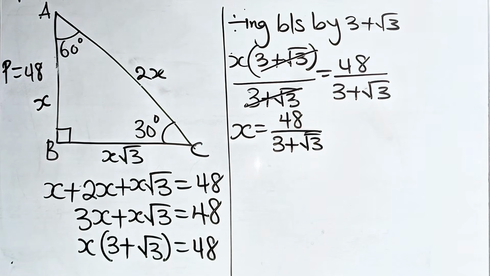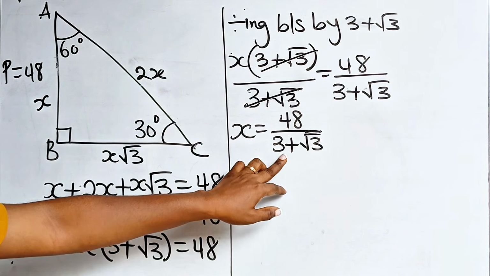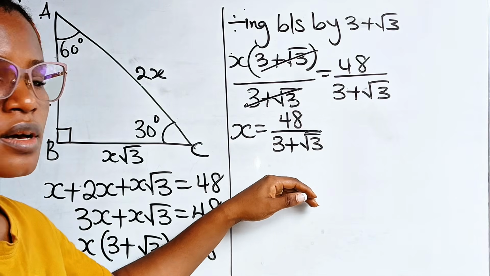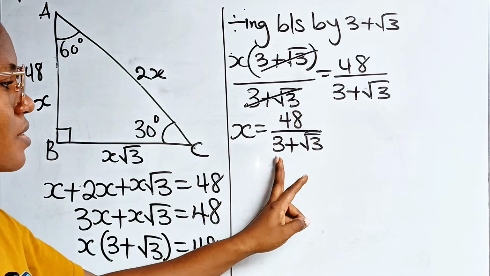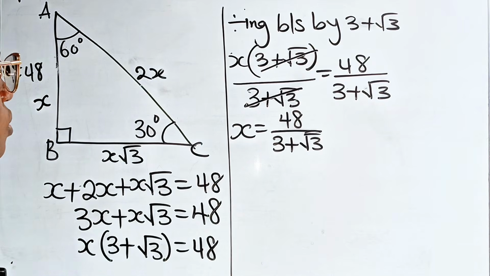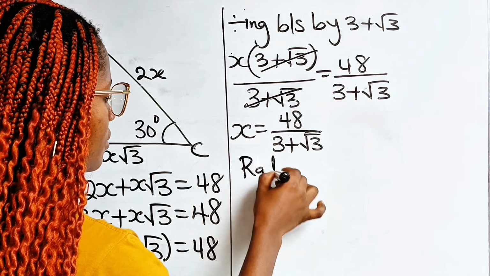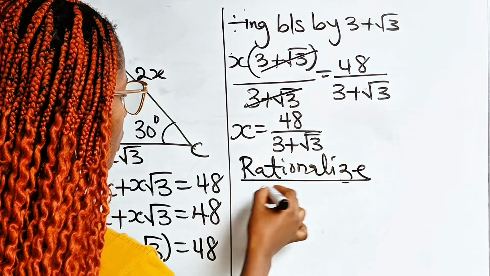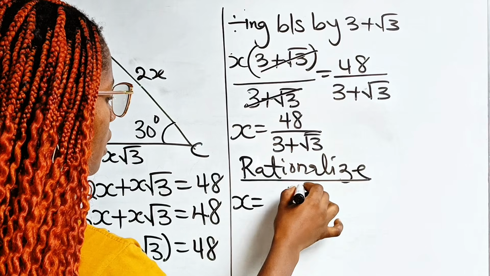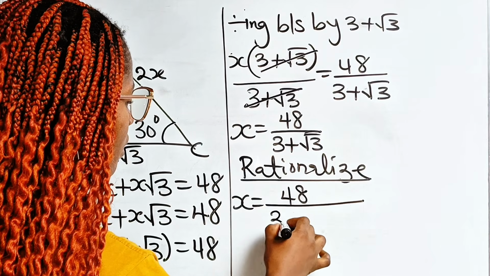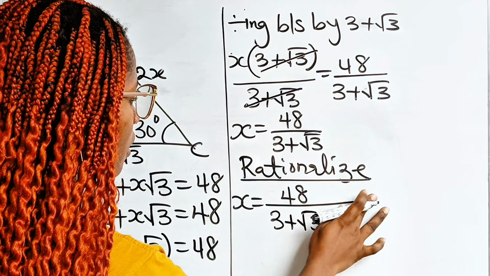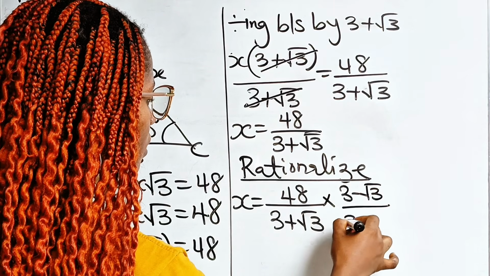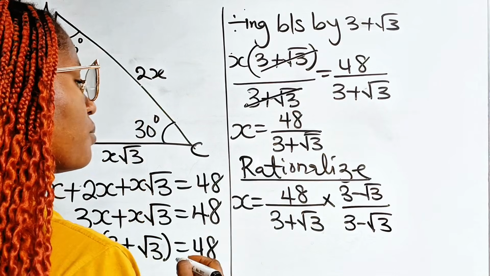Now let us rationalize. To rationalize the denominator, we need to multiply the numerator and the denominator by its conjugate. Now the conjugate of 3 plus root 3 is 3 minus root 3. So if you rationalize, we have x is equal to 48 divided by 3 plus root 3 multiplied by 3 take away root 3 over 3 take away root 3 as well.